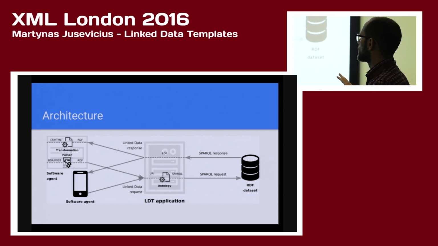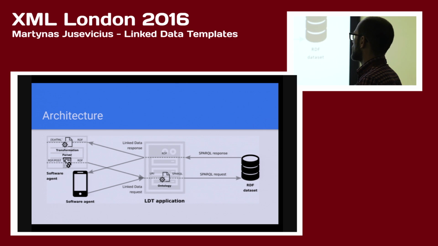But in a real world scenario, probably this picture is a little more complicated because on the left side, there could be a proxy cache that caches the linked data requests, and on the right side, there could be another cache that caches the RDF results from the triplestore.